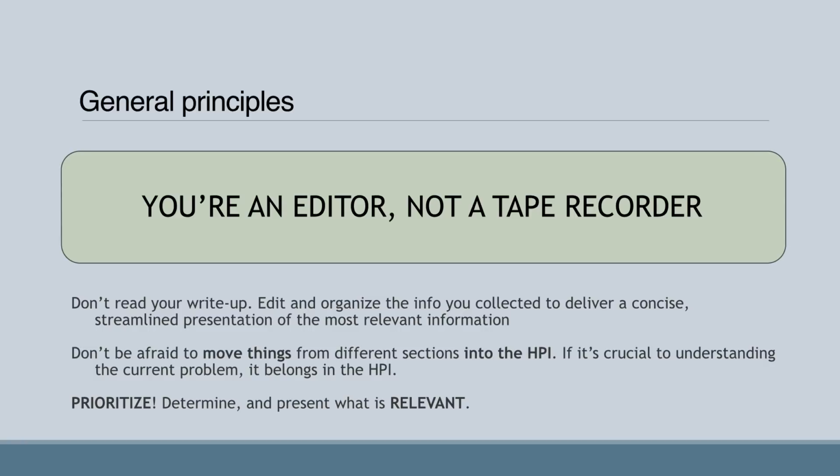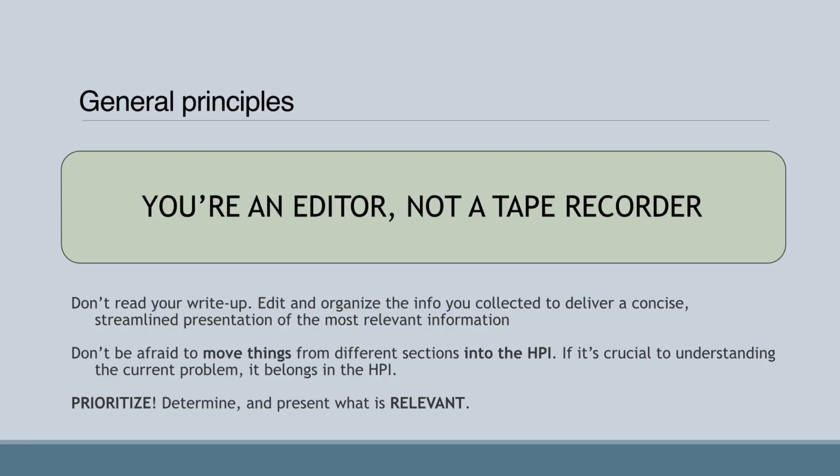And along the lines of rearranging, another really important principle is that you can move things from other sections of your presentation into the HPI if you think that info is really important in understanding your patient's current visit. We'll touch on this more later, but please don't feel like it's incorrect or improper to move important details from, say, the past medical history or the labs into the HPI when it's indicated.